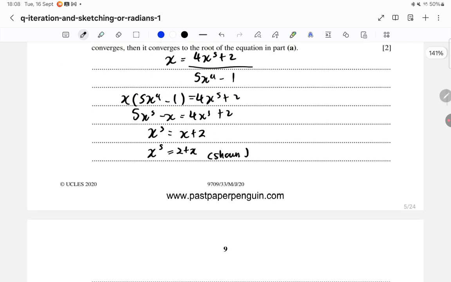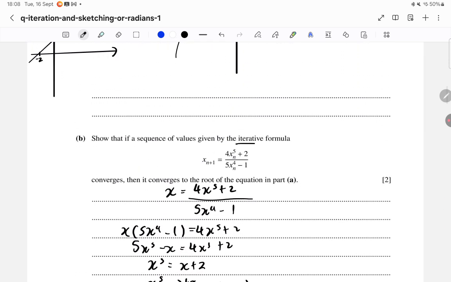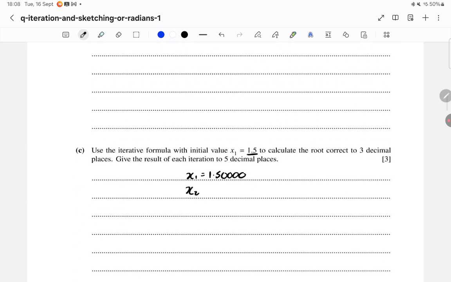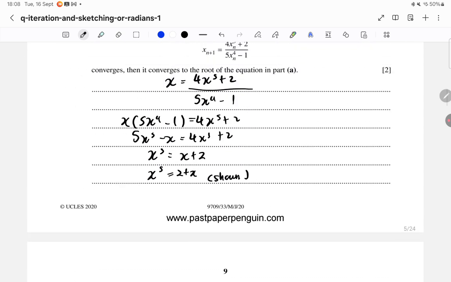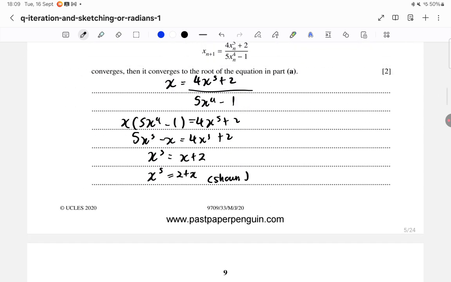We have to use the iterative formula they gave, so you can just take a calculator and substitute in the values.